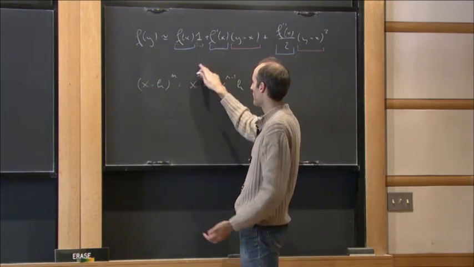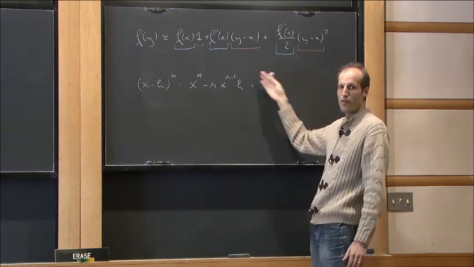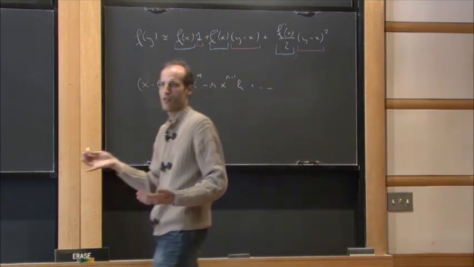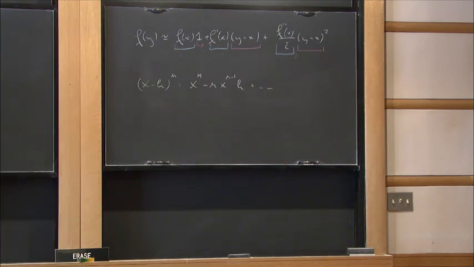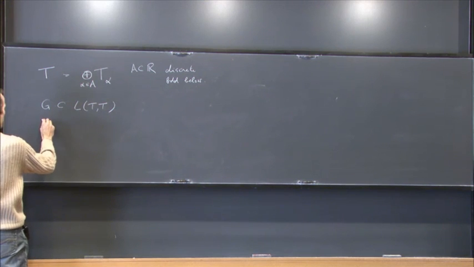So you still have the top monomial is the same and with the same coefficient. And then you have lower order monomials appearing with different coefficients. Okay? And so we want to mimic that property. So what does it say?